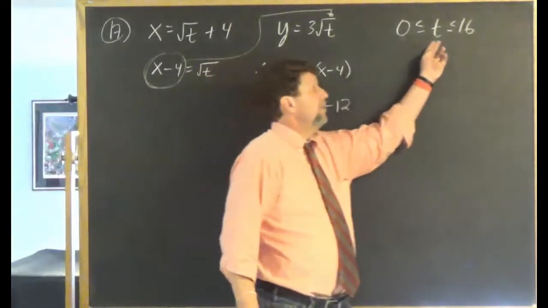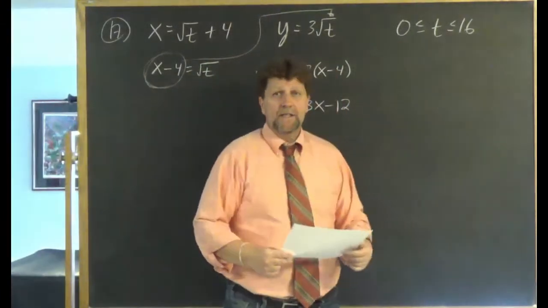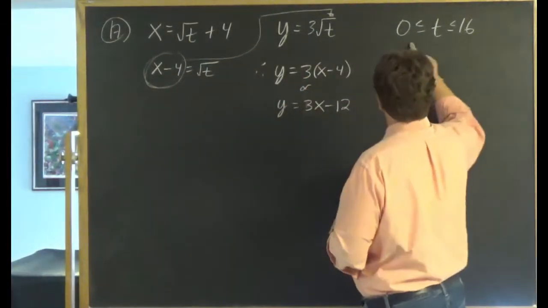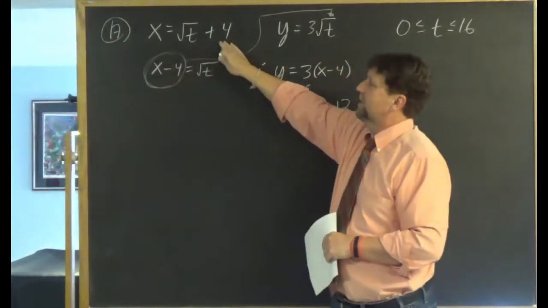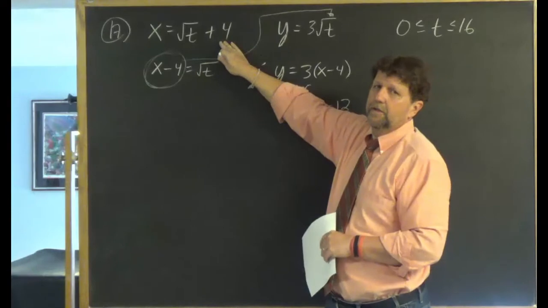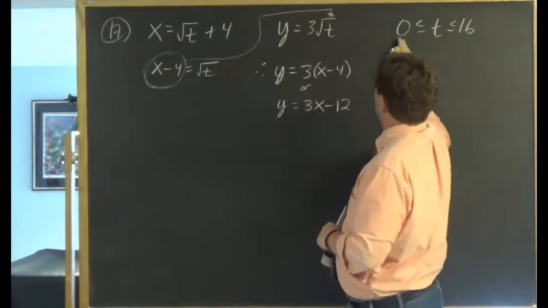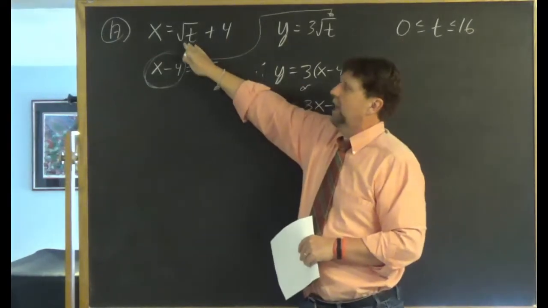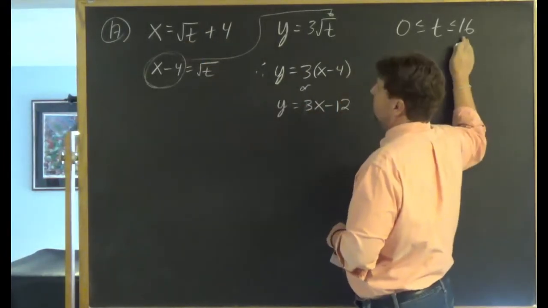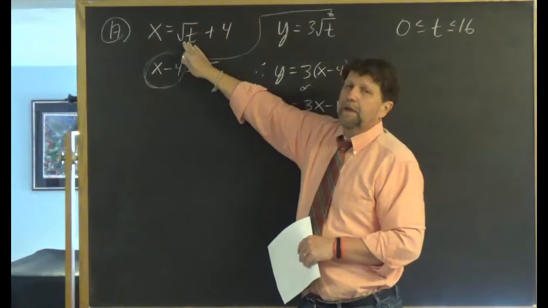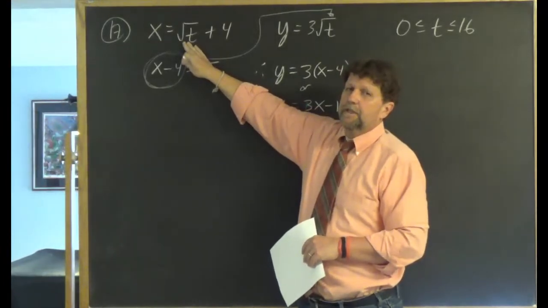Notice that t was on the interval 0 to 16. So if t is on the interval 0 to 16, look at what my x is. x is square root t plus 4. So if t is 0, x would be 4. If t is 16, x would be, well, square root 16 plus 4.